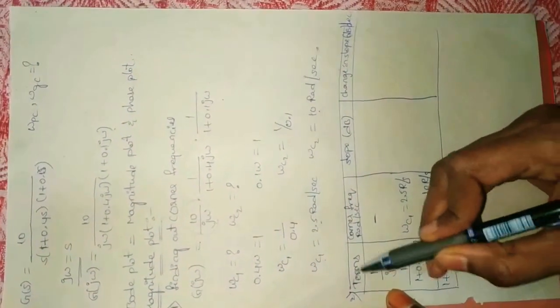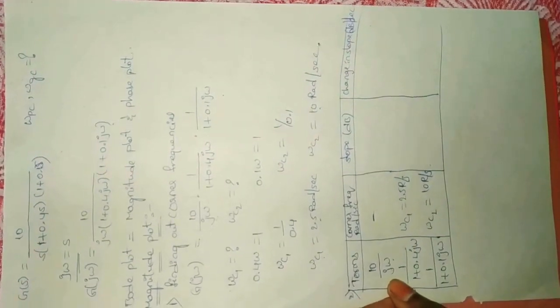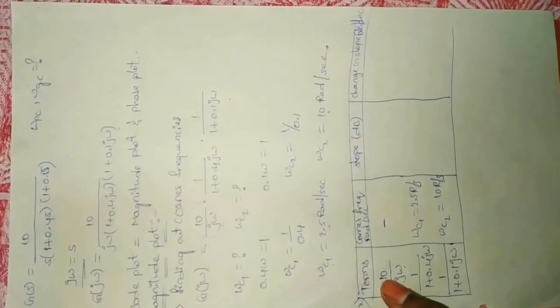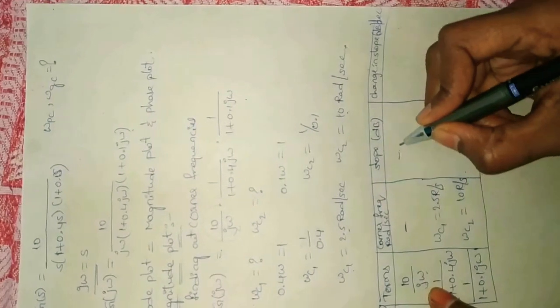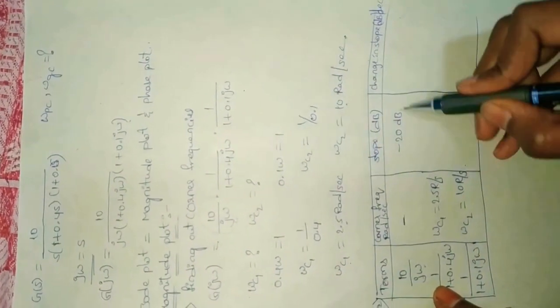See, in the basics, while dealing with basic factors, the slope of the plot of 10 divided by s will be minus 20 dB. You just refer to the basics, you'll get minus 20 dB.